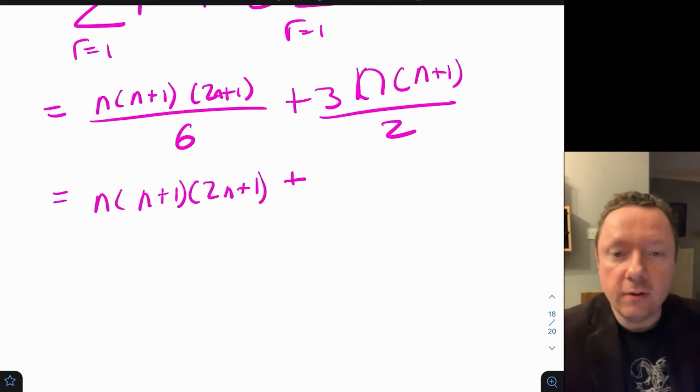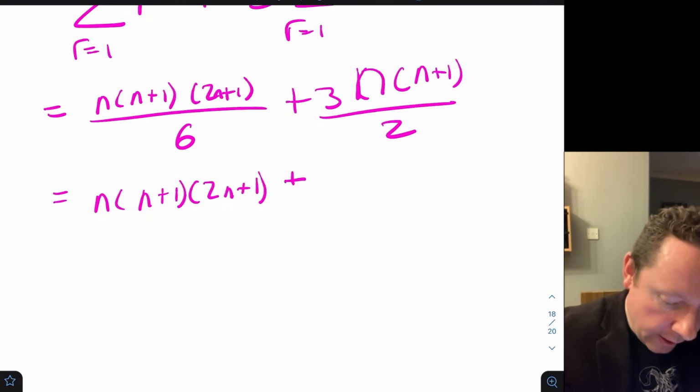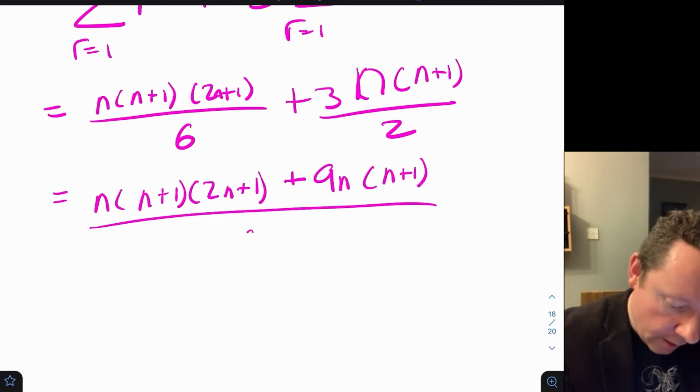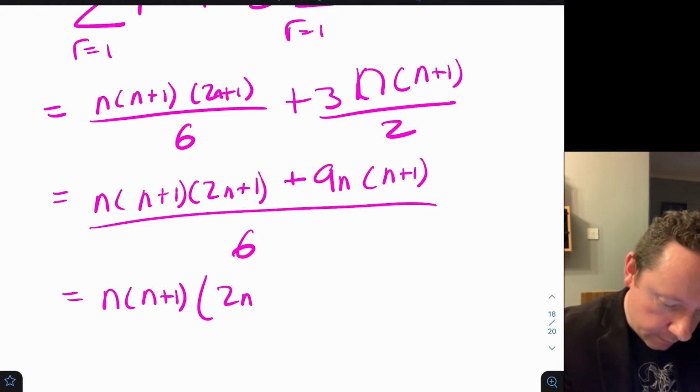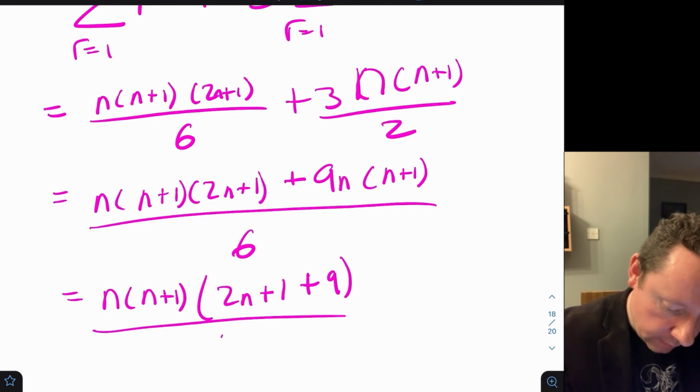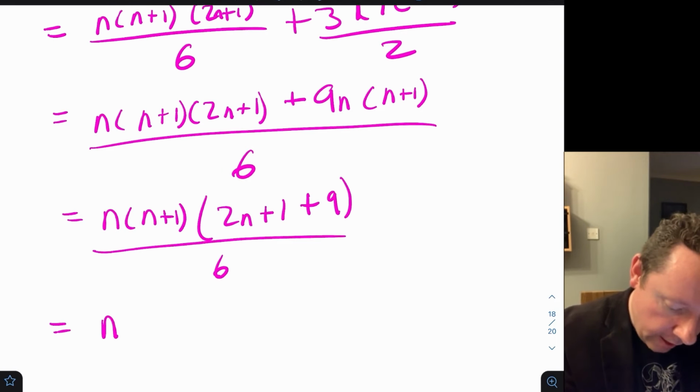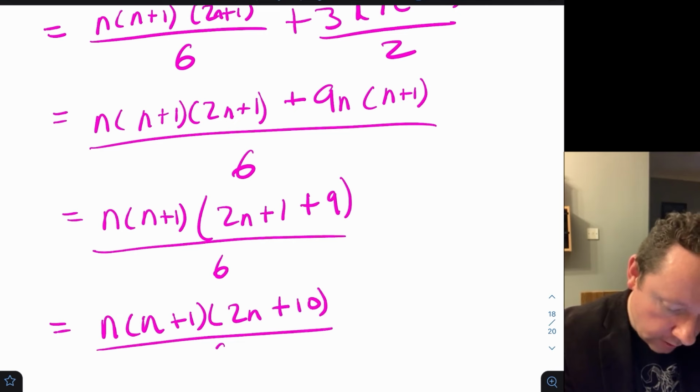Timesing this second fraction by 3, we get 9n(n plus 1), and that's all over 6 then. Taking out n plus 1 as a common factor, we've got 2n plus 1, and then n plus 9, all over 6. That's n plus 1, 2n plus 10, all over 6.